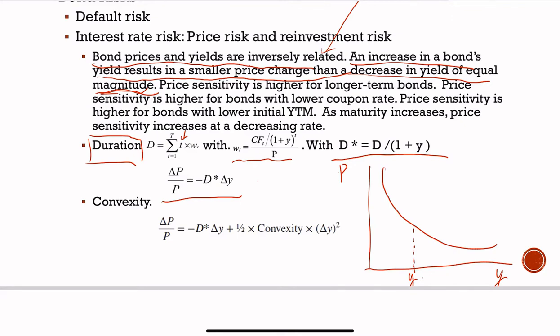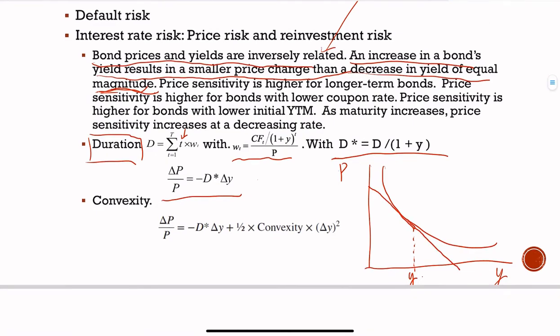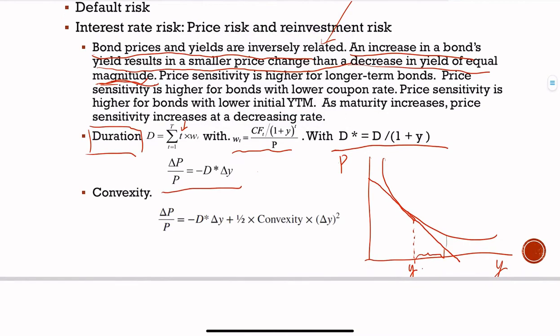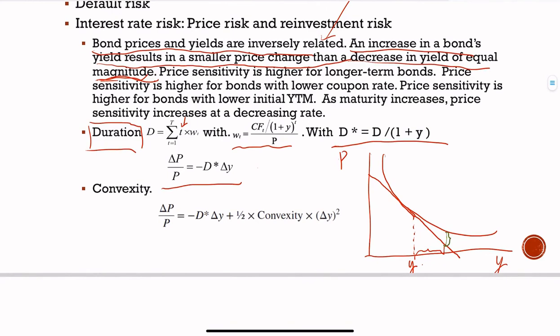So essentially, you can see that the bond price change will be approximated by this straight line. So it shows that if the yield change is large, then the approximation will generate some approximation error, right? So this distance gives you the approximation error due to convexity.